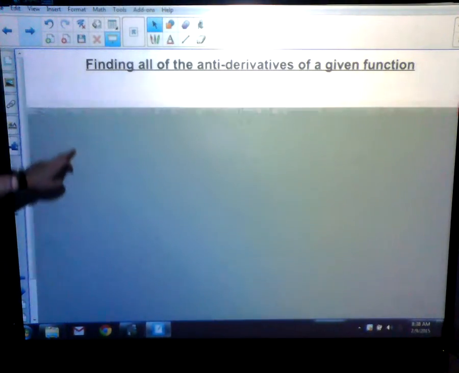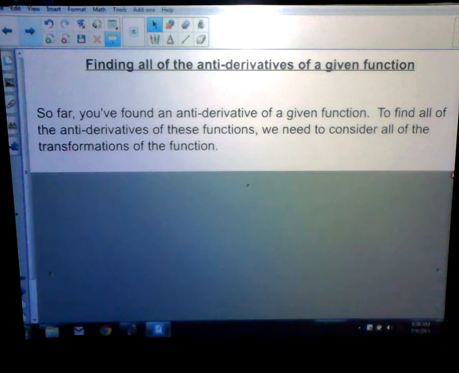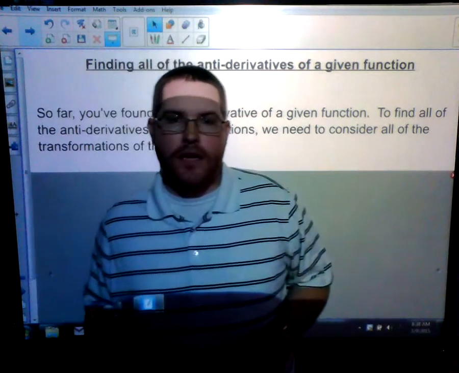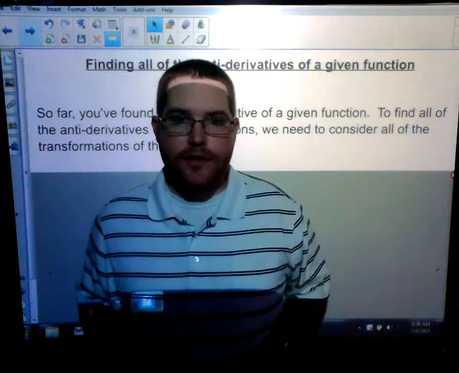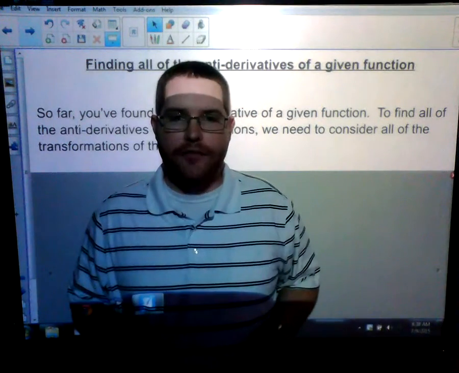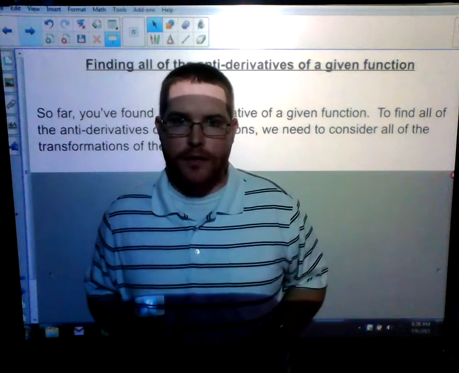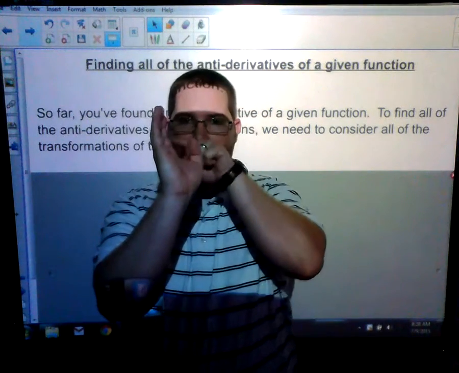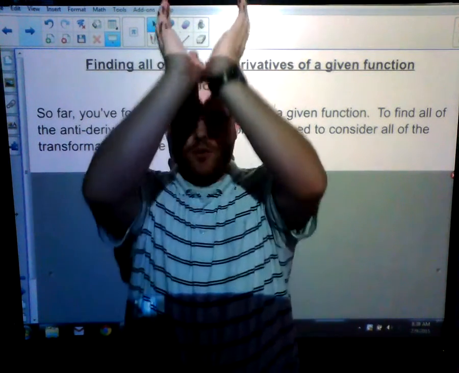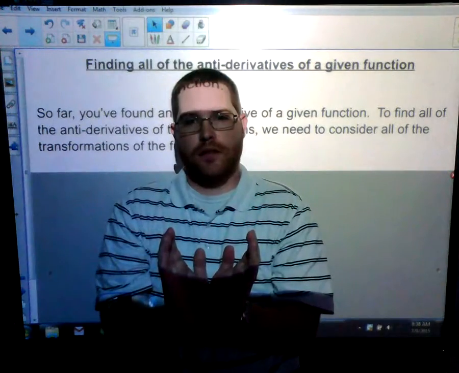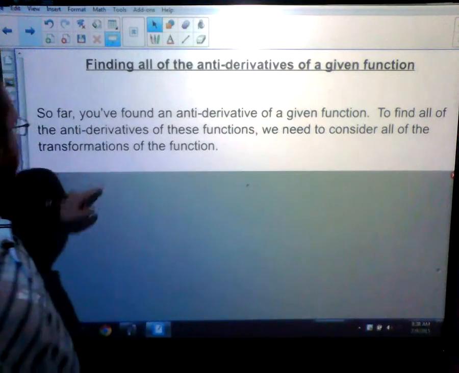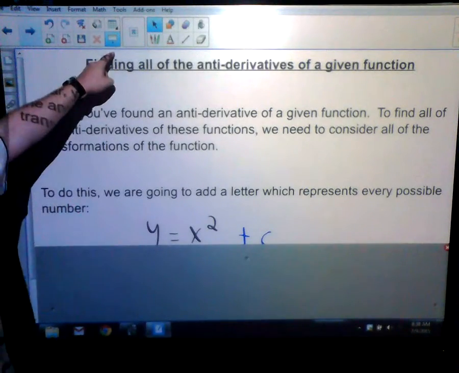To find all the antiderivatives, we need to consider the transformations. Remember, a derivative is slope. Okay? It's the slope of a graph. Well, what can we do to the graph that doesn't change the slope at any one point? Like a parabola. What can I do to a parabola to not change the slope at like this point right here? I can move it up and I can move it down. And now that point is still the same slope. So we're going to add a letter at the end of this.